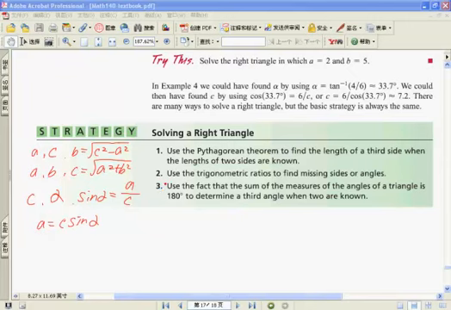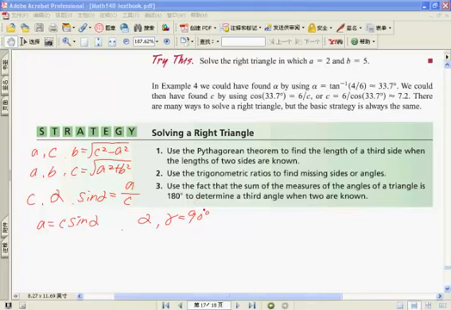Step 3, use the fact that the sum of the measures of the angles of a triangle is equal to 180 degrees to determine the third angle when two are known. For example, we know alpha and we know gamma, which is 90 degrees.